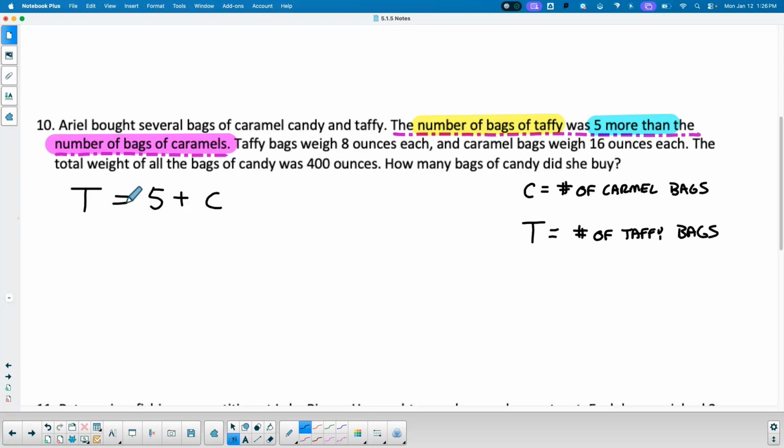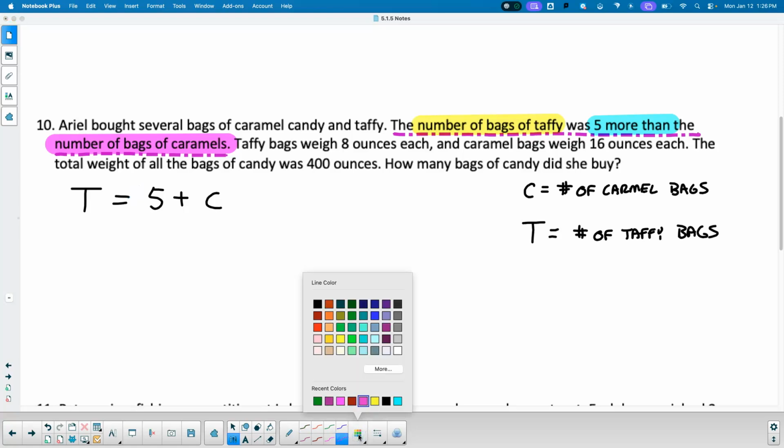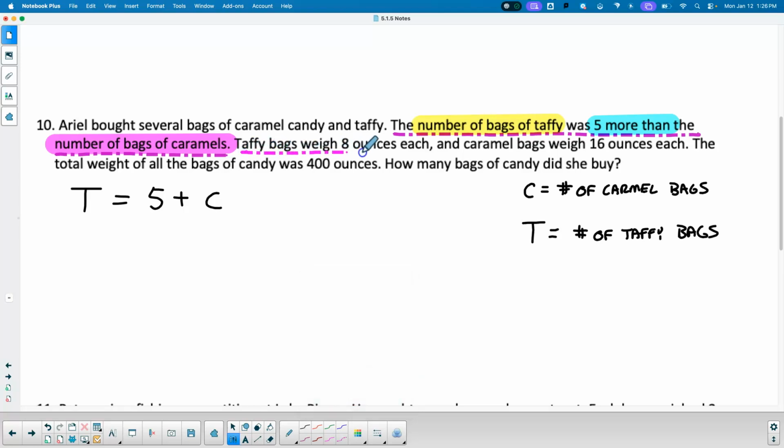All right. Here's my second equation. Taffy bags weigh 8 ounces each.